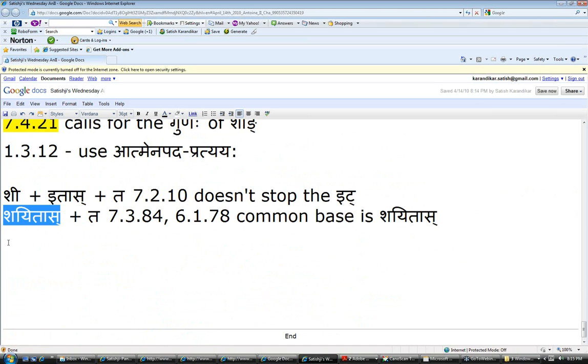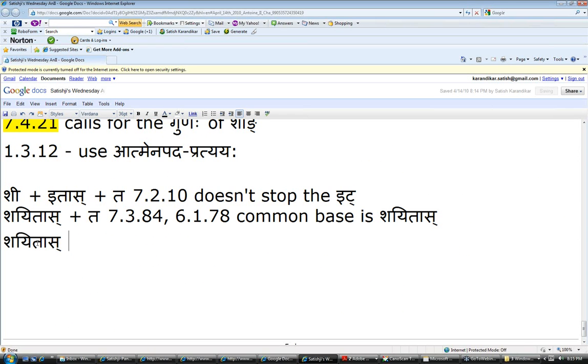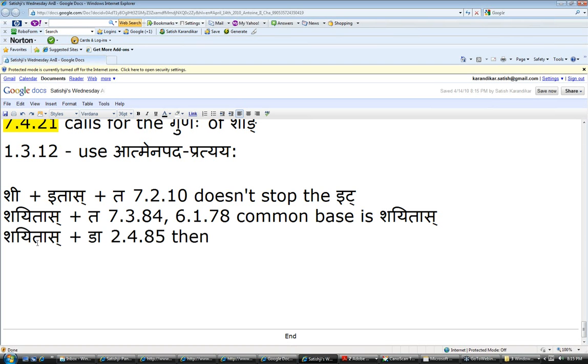Then 2485 Daro Rasaha, and then we use 64143, which you already saw, by extension, and remove the T Bhagaha. Of course, do Chutu in the meanwhile, the It letter drops, and then we get the form Shayita.